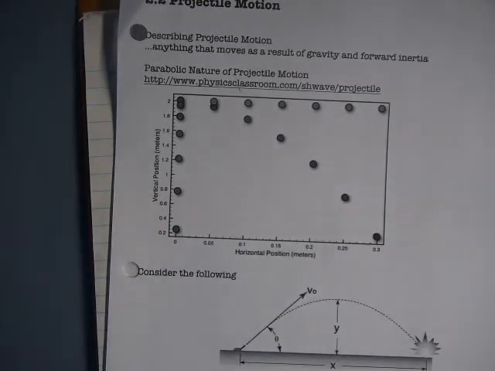Now the time up is going to be equal to the time down. But that time is going to determine how far the thing is going to go, because you're going to multiply the time by the horizontal component of velocity, and that will tell you its displacement. Okay?